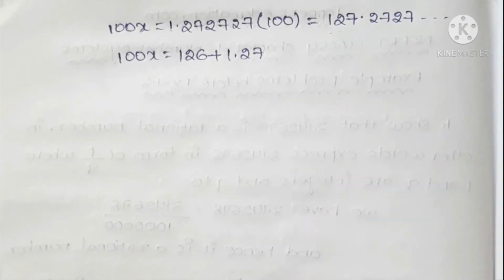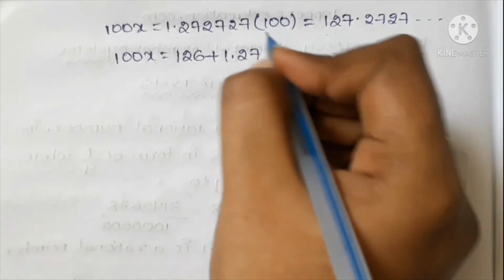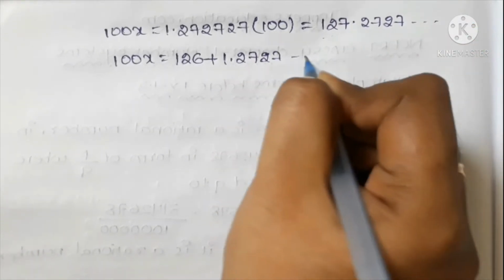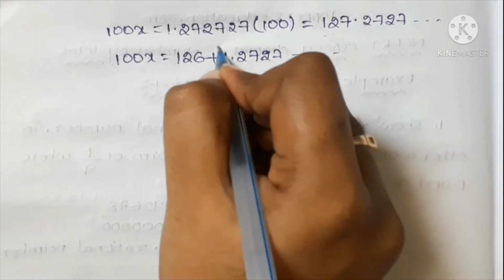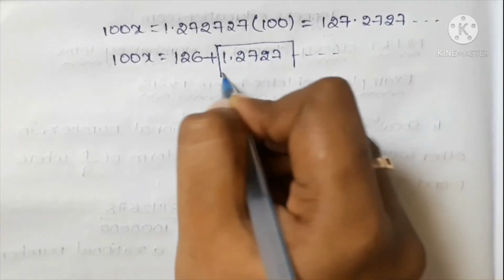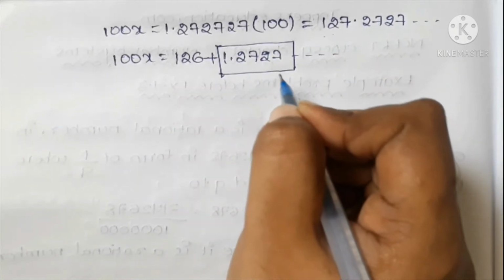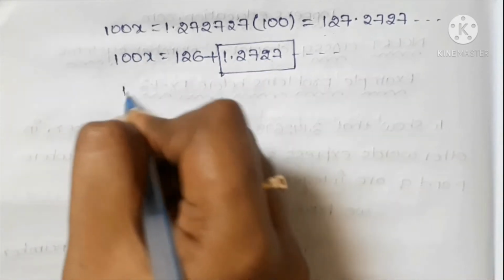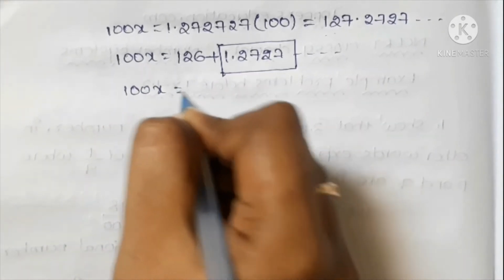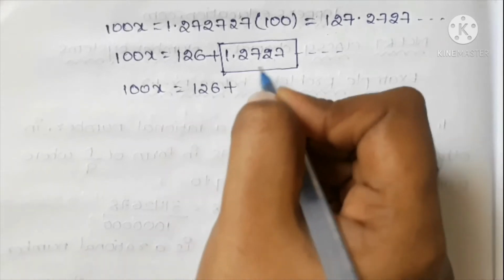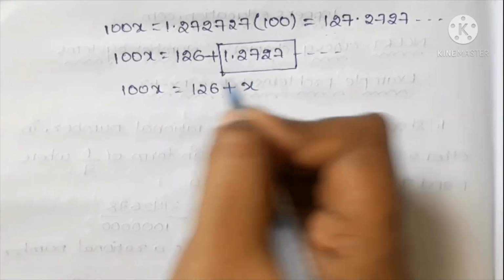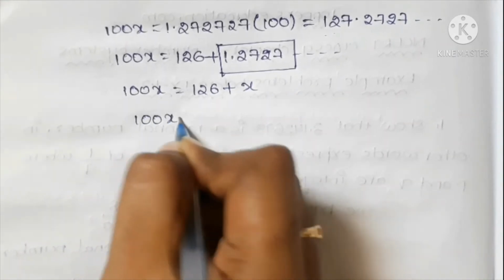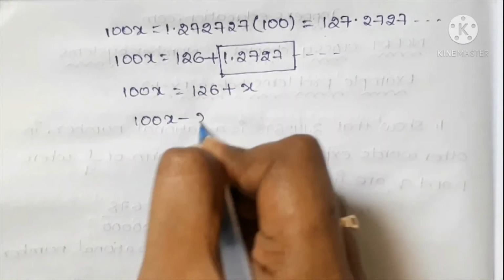And here this 1.2727 is nothing but, as we have seen above, x, and now we can write x here, that is 100x equals 126 plus x, that is an expression.